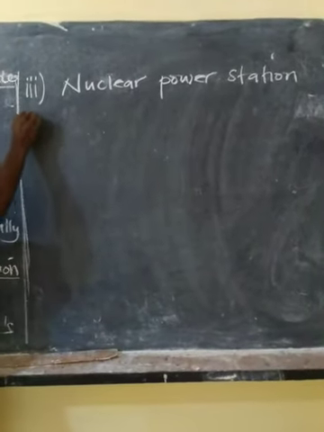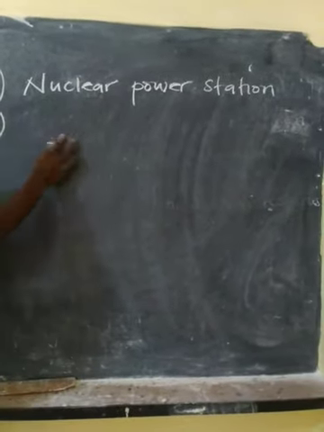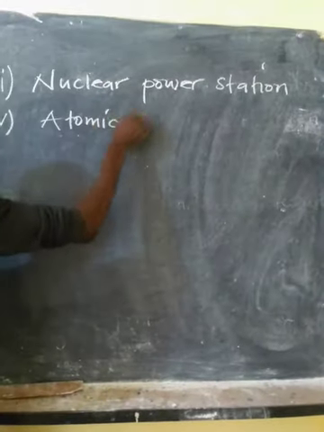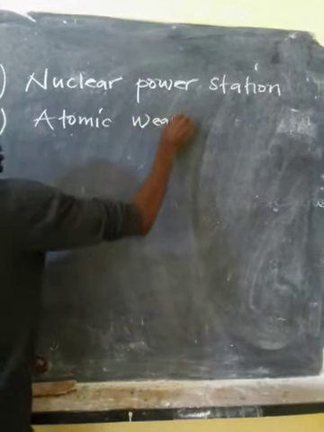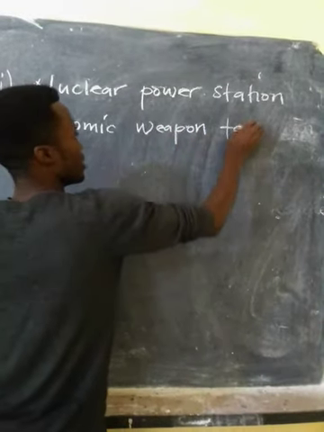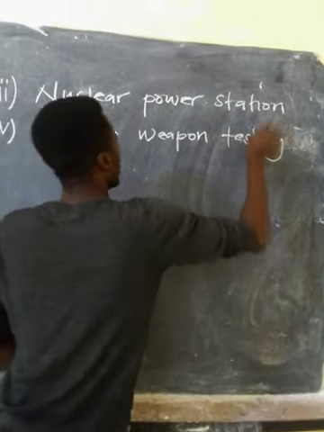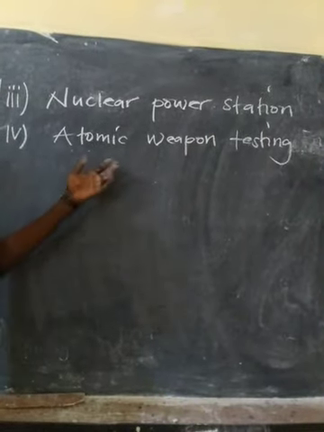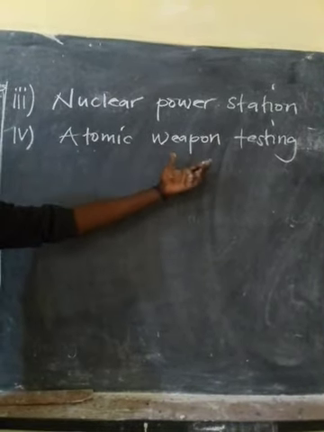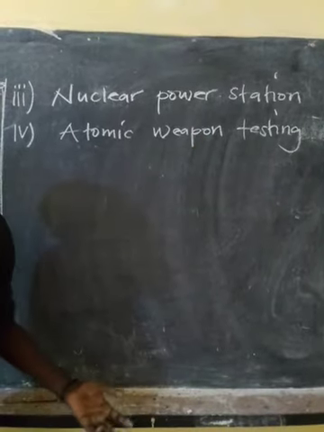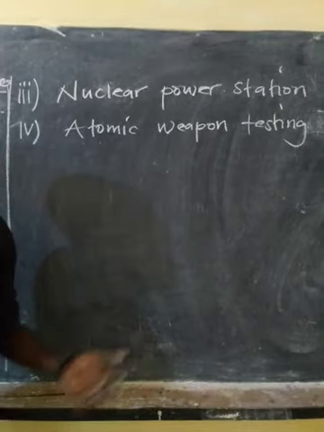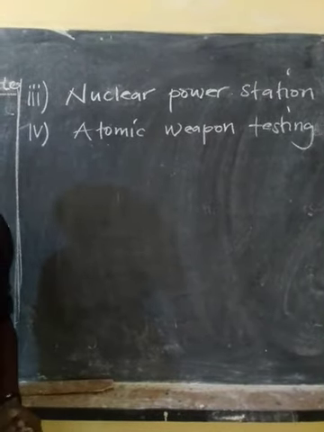Then another one is also atomic weapon testing. So after making some weapons, we call them the atomic weapons, now when testing them, they also cause background radiations, which can have so many effects on human beings.